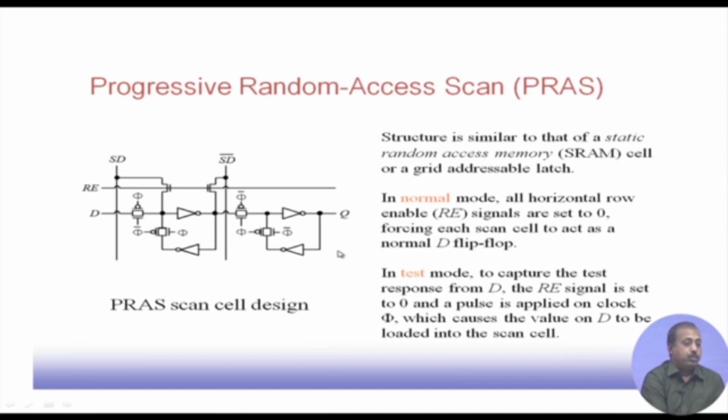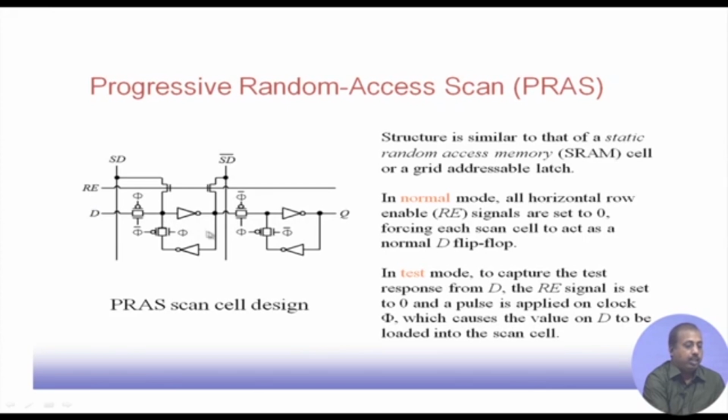On the other hand, this progressive random access scan is similar to a static RAM type of design. In normal mode, all horizontal row enable signals, that is the RE signals, are set to 0, so that each scan cell will act as a normal flip flop. These back to back inverters are actually that flip flop.